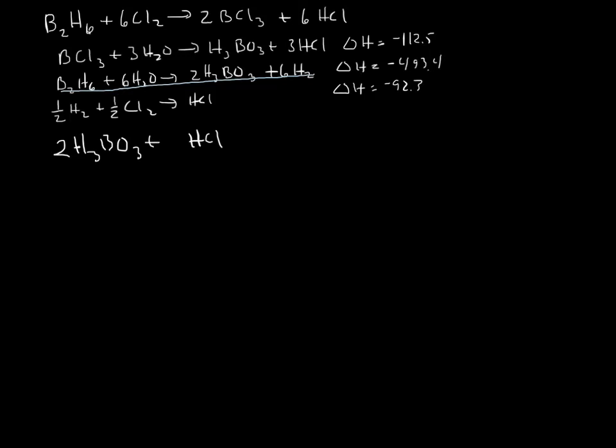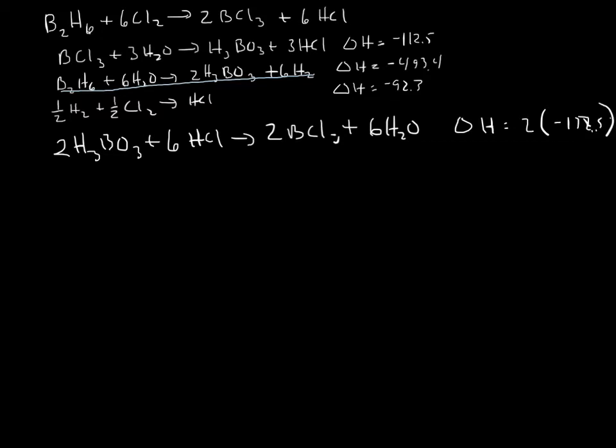We had to multiply that by 2. 6 HCl yields 2 BCl3s plus 6 waters, H2O. Now the delta H now is 2 times that negative 112.5.